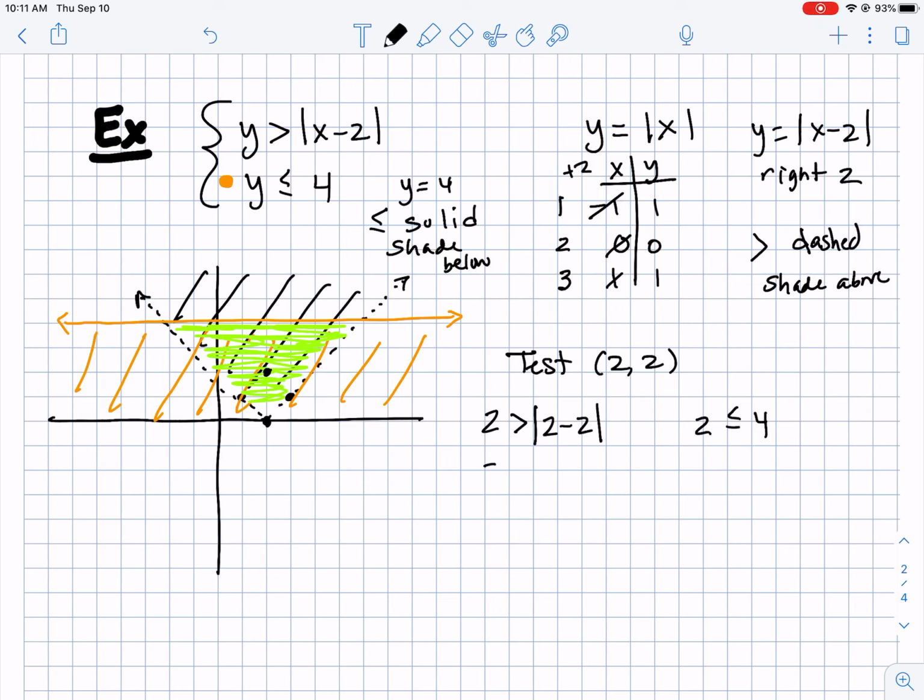So 2 is greater than the absolute value of 0, and the absolute value of 0 is 0, and is 2 greater than 0? Yes. And the other inequality is 2 is less than or equal to 4. That is a yes. So with both of those being a yes, that means that your solution is correct. So again, I typically will draw an arrow and say that is my solution. You have to somehow indicate that final solution.